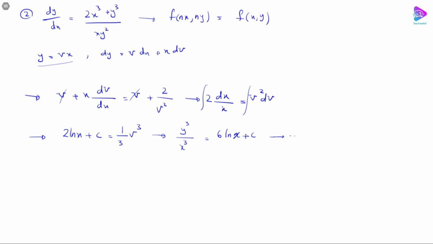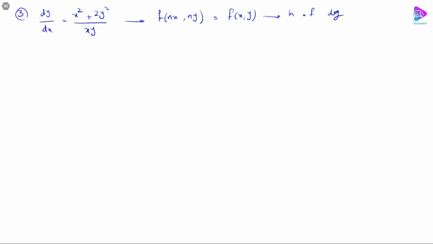Okay, let's take a look at another example. We're gonna look at dy over dx is equal to x squared plus 2y squared over xy. And again, if you check, you will see that f(nx, ny) is equal to f(x, y), which means this is homogeneous of degree 0.